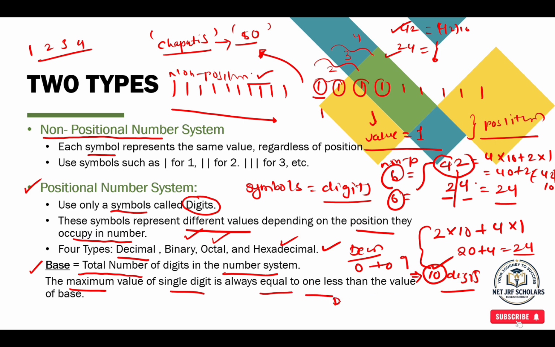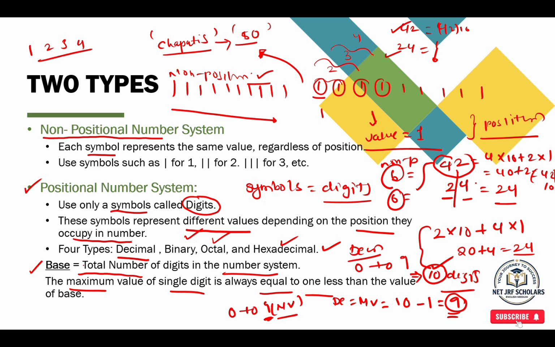Here the base is 10, and 1 less means subtracting 1 from 10. So the maximum value in the decimal number system is 9. As we can see, it starts from 0 and goes up to 9, so 9 is the maximum value.